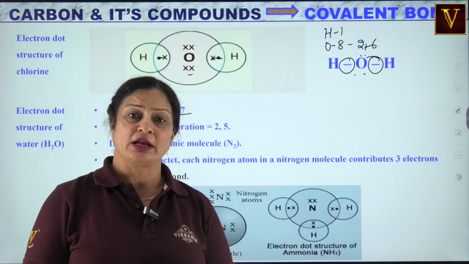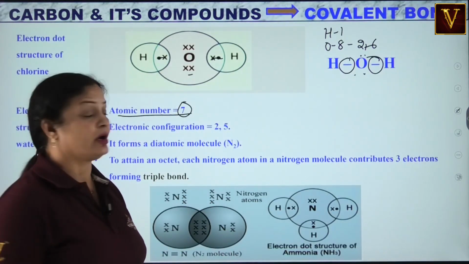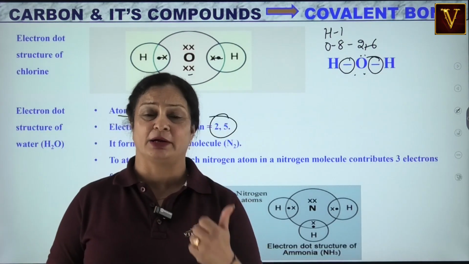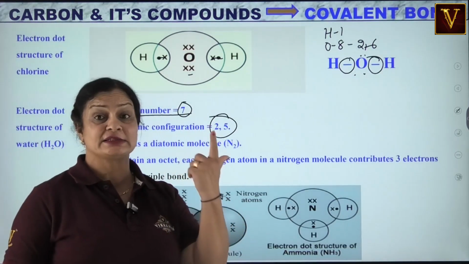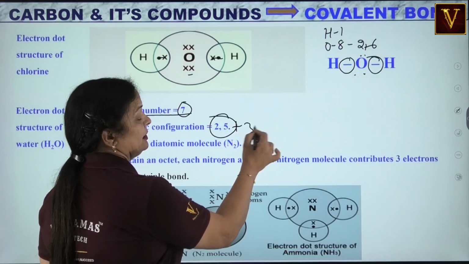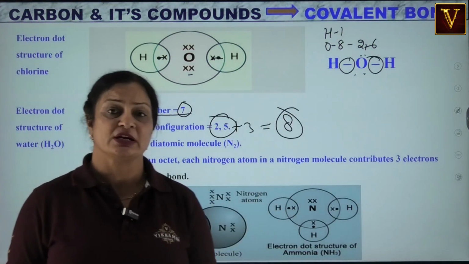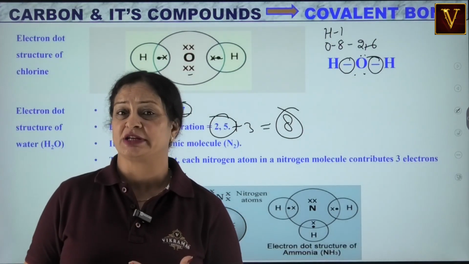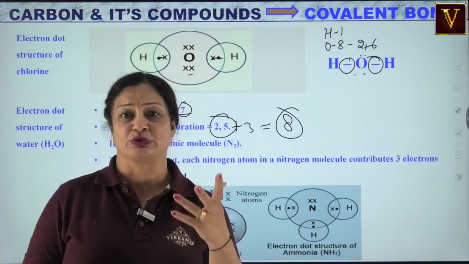Nitrogen has atomic number 7. Electronic configuration 2, 5. How many electrons are required by nitrogen to attain noble gas configuration? 5 plus 3, that means 8. If nitrogen shares 3 more electrons, then its outermost shell is complete and it completes the octet rule.